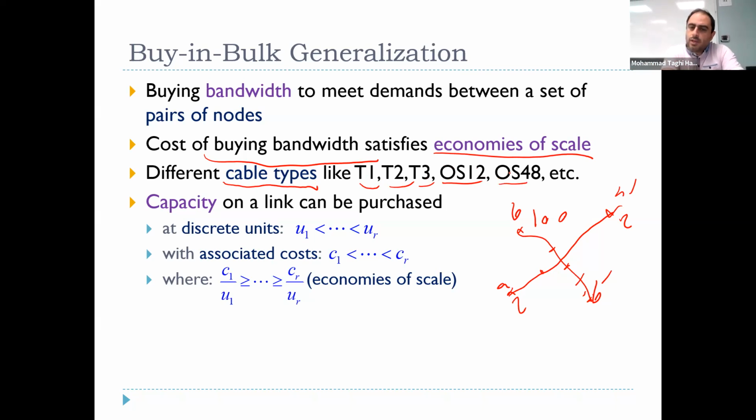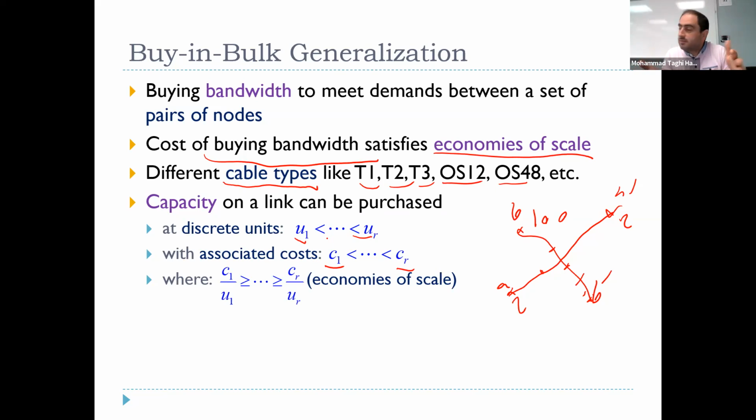For each of them, you have some discrete units, U1, U2, up to UR. These are the capacities that these cables can carry. And with each of them there is an associated cost, C1, C2, to CR. And here we are assuming that C1 is less than C2 is less than CR.